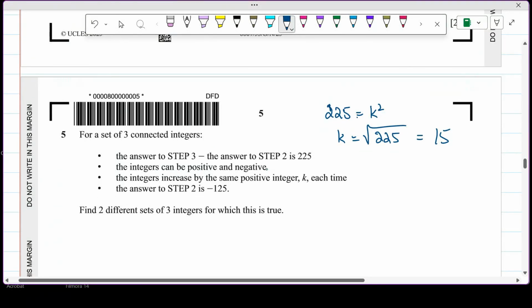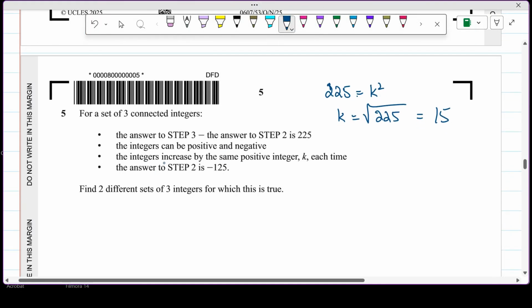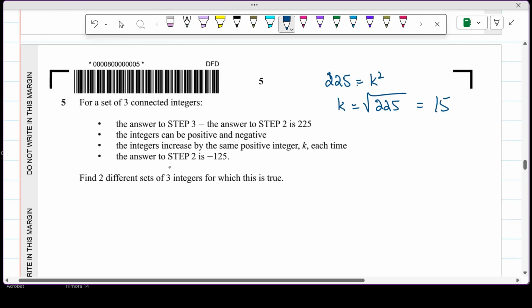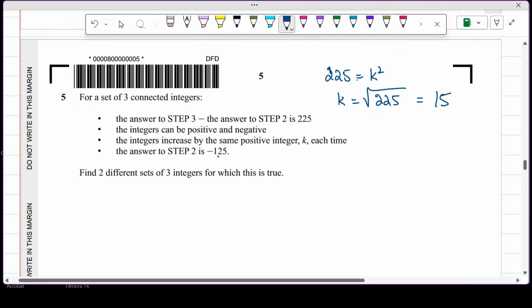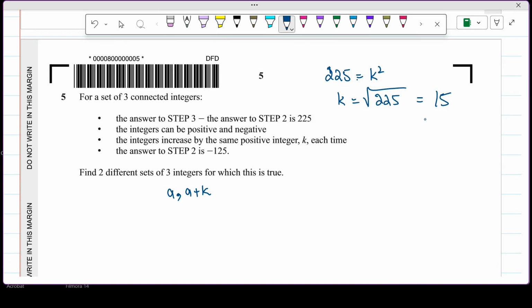The integers can be positive or negative. It means we can have negative values or positive values both. The integers increase by the same positive integer k. The answer to step 2 is negative 125. So let's suppose we have three integers: a, then a plus k, then a plus 2k, because the increment of these connected integers is 15.